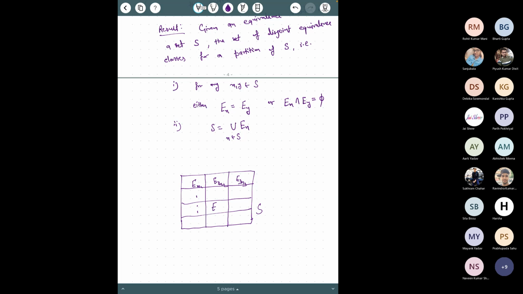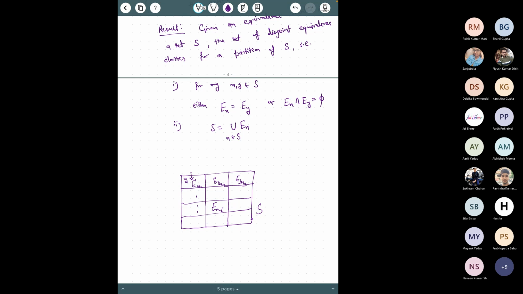For each, you can provide a partition of this set in this kind of equivalence classes. Now you know that if you take any element, let's say y, in an equivalence class, then y and x are related.